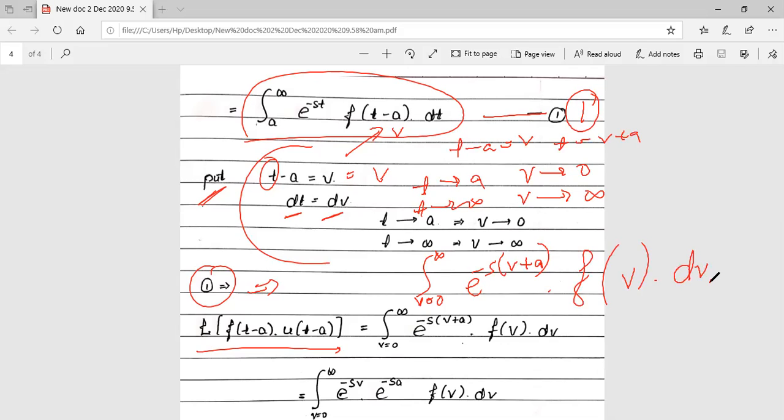So we write integration over v from 0 to infinity of e to the power minus s into v plus a, and when we separate this we get e to the power minus sv and e to the power minus sa, and this term as it is, that is f of v into dv.